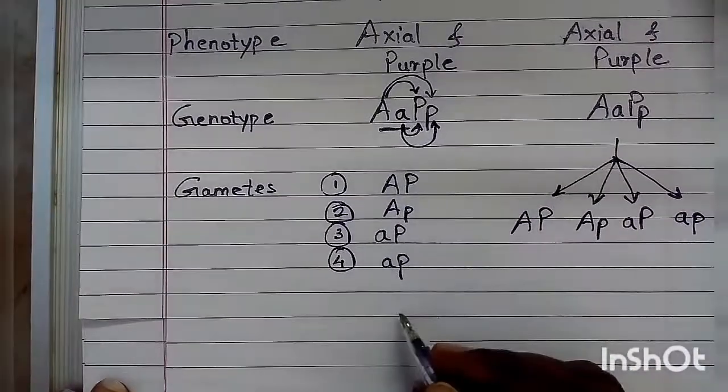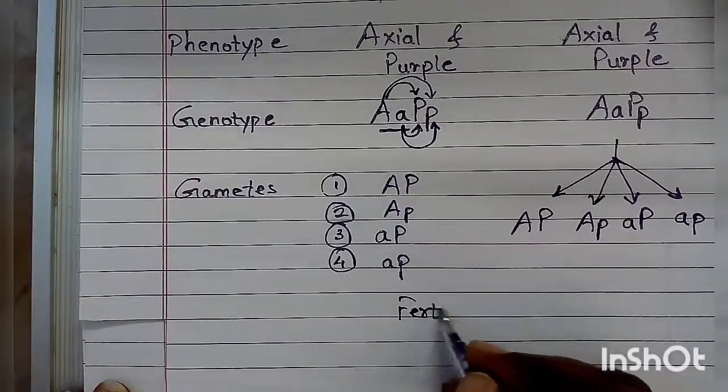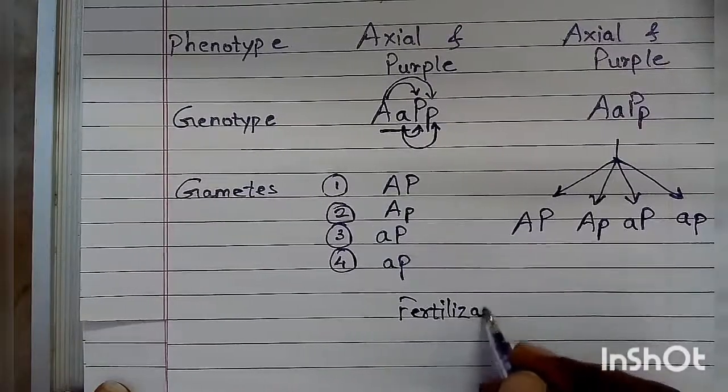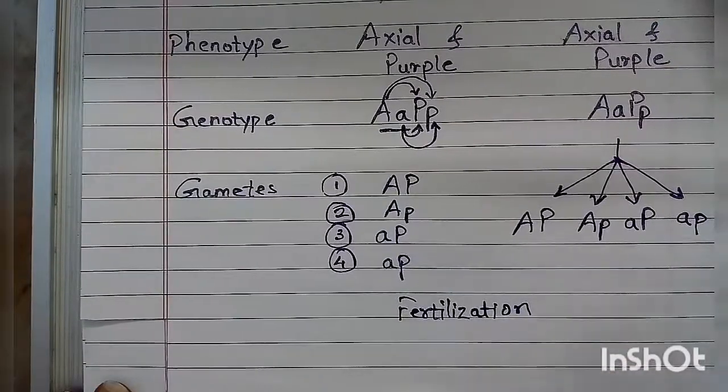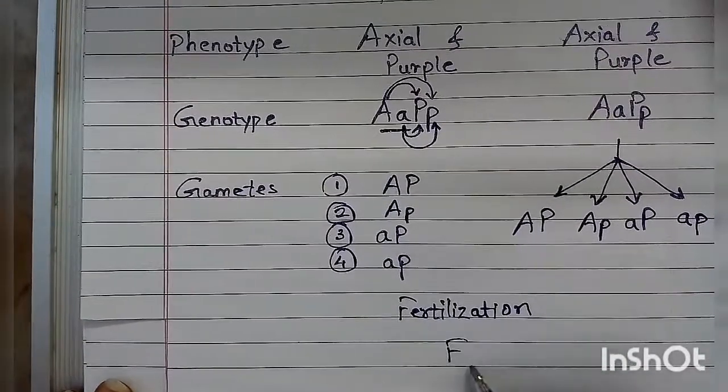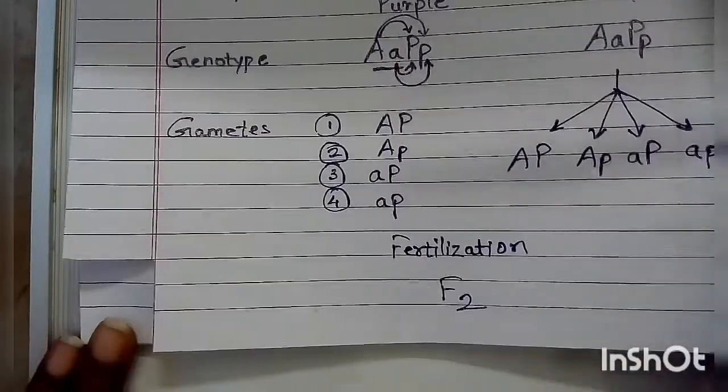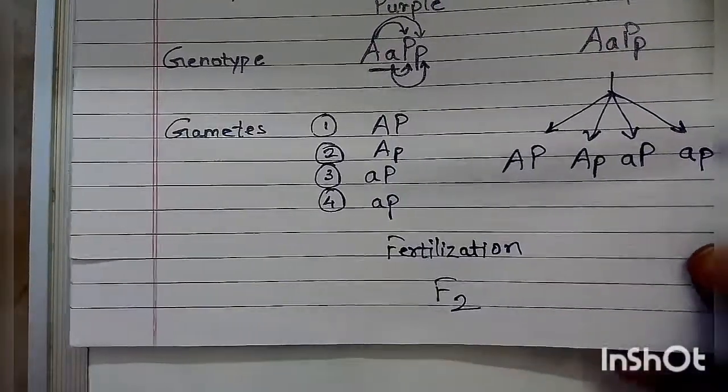Then comes the next process, that is the process of fertilization. And now we'll get our next generation, which is called the F2 generation. For the F2 generation, a checkerboard is needed, also called a Punnett square.